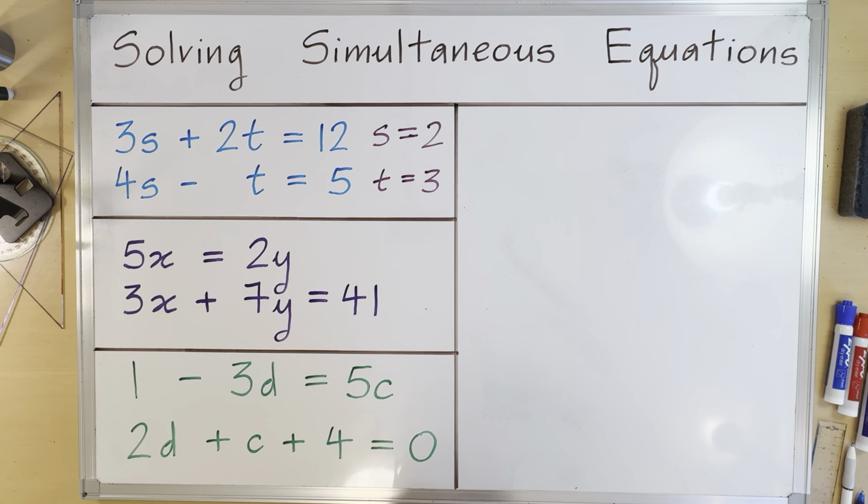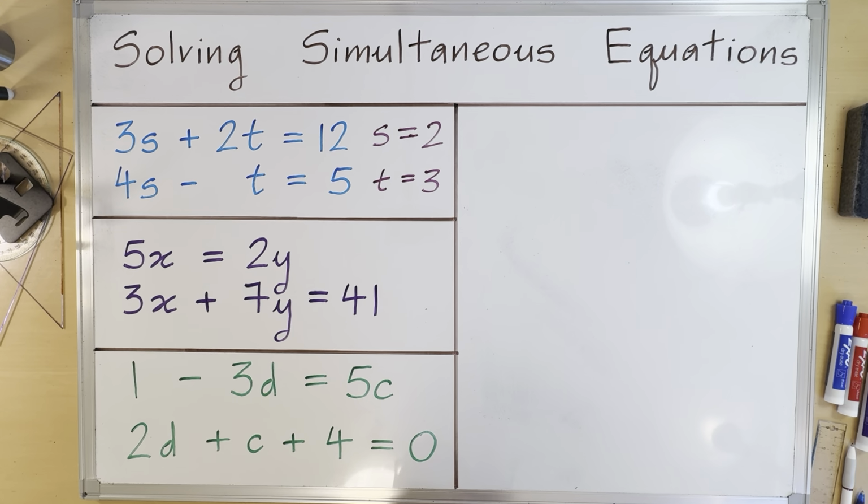Now, we have to get rid of the negative 14y and positive 14y. And to do that, we are going to add the two equations. So we're going to have 35x minus 14y equals 0 plus 6x plus 14y is equal to 82.